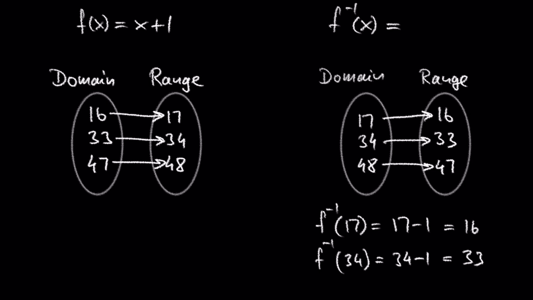And 48 becomes 47 because 48 minus 1 is 47. So we can write f inverse of x equals x minus 1.